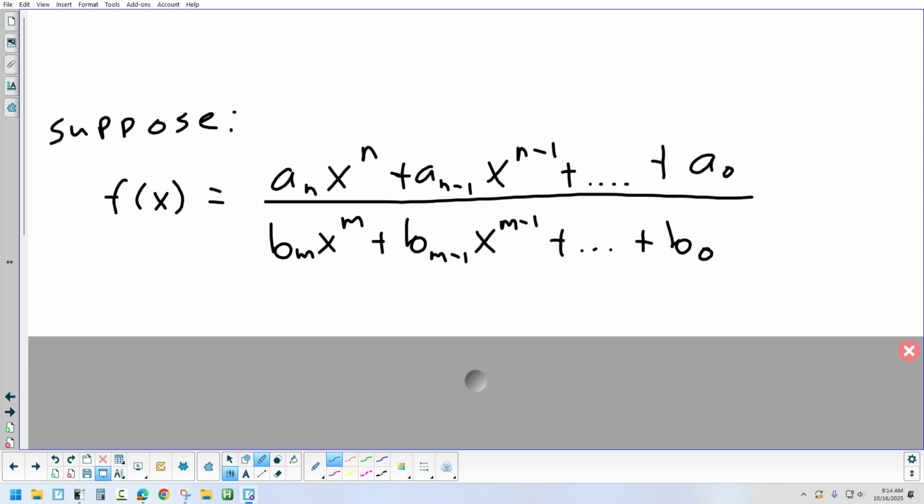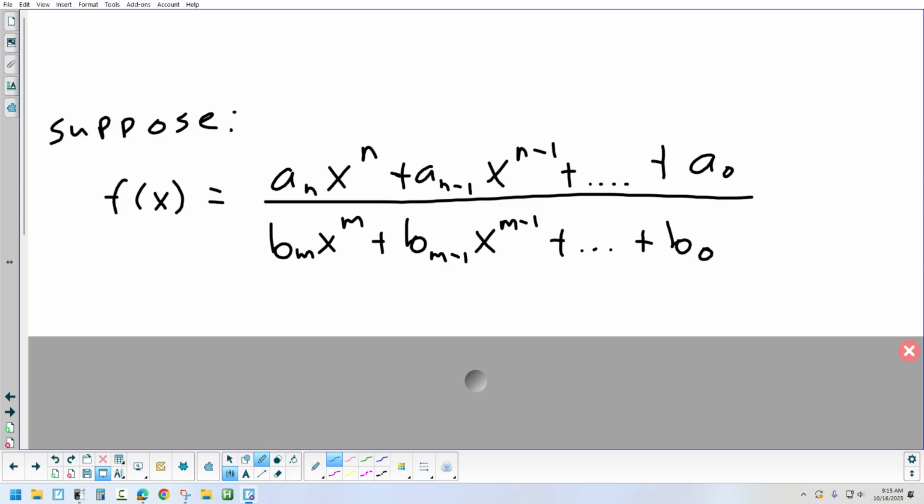All right, so that's what a rational function looks like in general. Just some polynomial in the top, and then another polynomial in the bottom. What's the end behavior model of what's in the top? Nice.